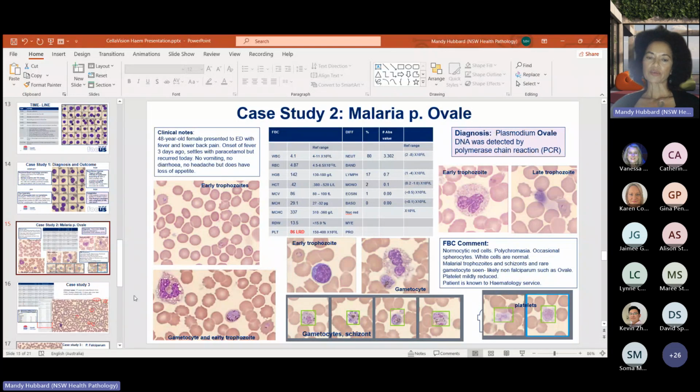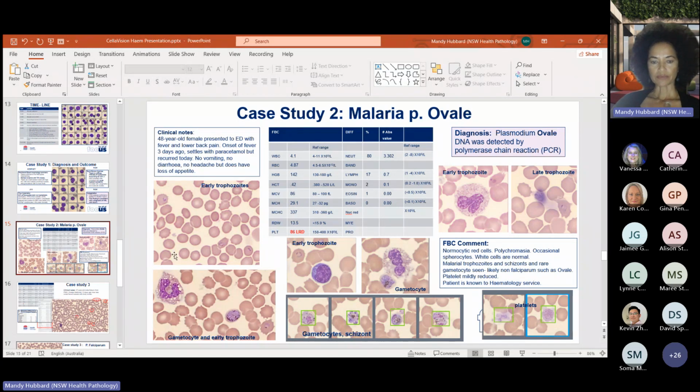Now, as mentioned when I talked about some of the capabilities of Cellavision, when you look at the characterization of the red cells, particularly on the bigger analyzers that have the advanced red cell feature, it has the capacity to pick up parasites as an inclusion body in the red cells.